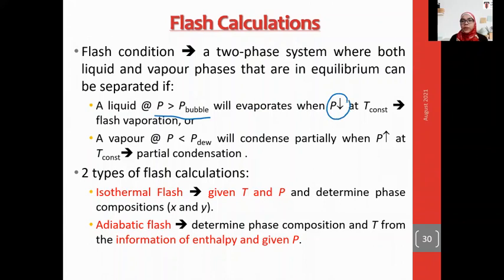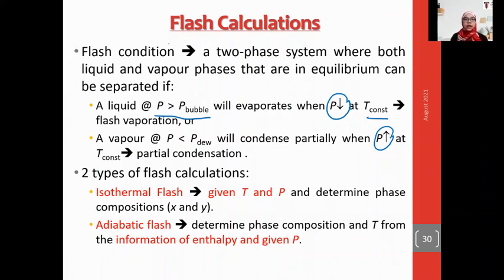When we reduce the pressure at constant temperature, this is known as flash vaporization. For the vapor phase, if the pressure is lower than the dew pressure, it will condense partially when we increase the pressure at constant temperature, known as partial condensation.